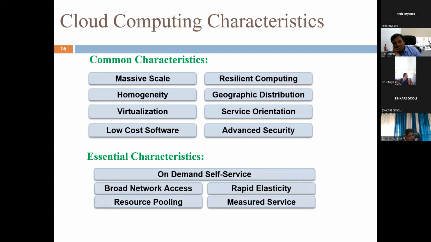Otherwise, the essential characteristics: on-demand self-service. Whenever we need any service, the cloud should be in a position to offer it in a very interactive way.